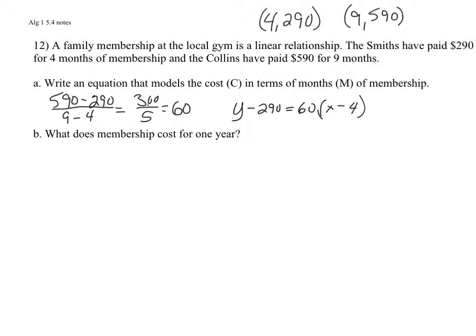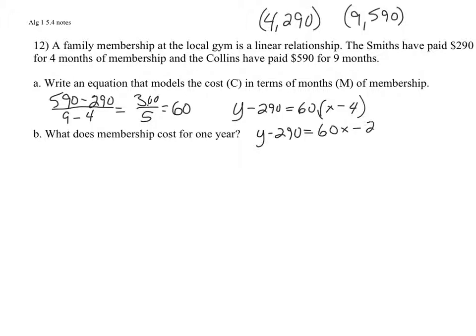Now, my follow-up question says, what does membership cost for 1 year? All right, well, I'm going to need to move this into slope-intercept form. That makes more sense in this particular question. So I'm going to go ahead and multiply out my 60 times x and 60 times 4, so that's going to be 120 twice.